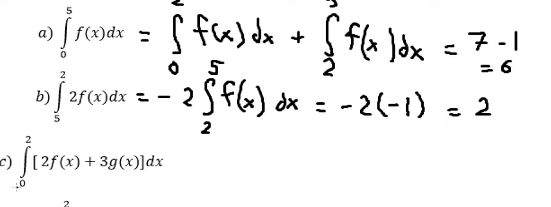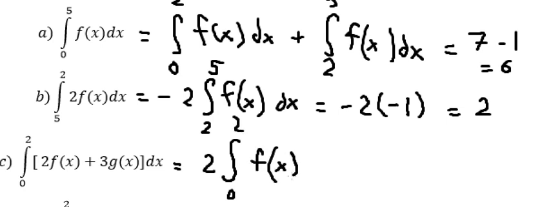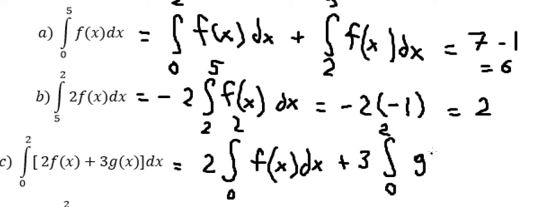Now let's go to C. This one we got 2 multiplied with the integral from 0 to 2 of f of x dx plus 3 multiplied with the integral from 0 to 2 of g of x dx.